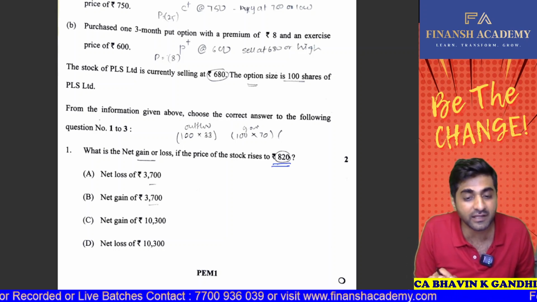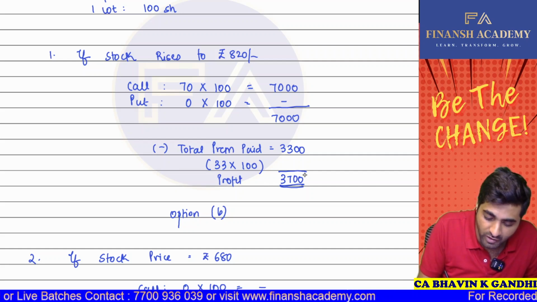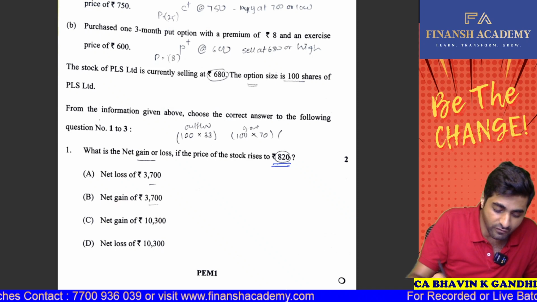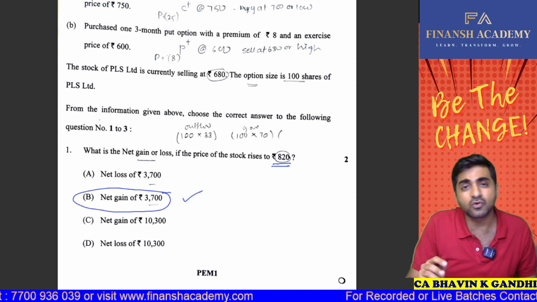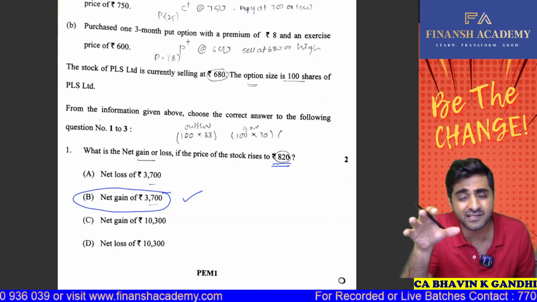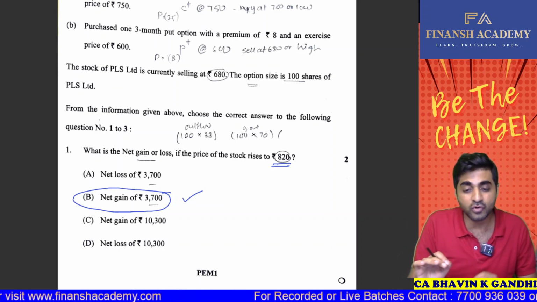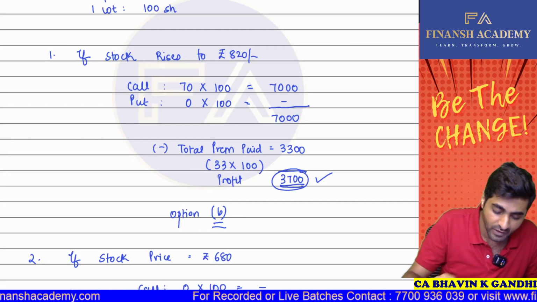In this case we are getting a profit of 3700. So option B, net gain of 3700. Just check your sequence of the case studies as well as the MCQs part.